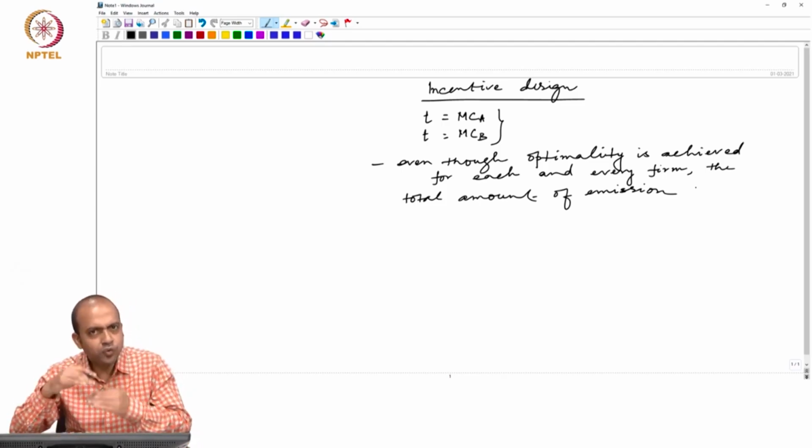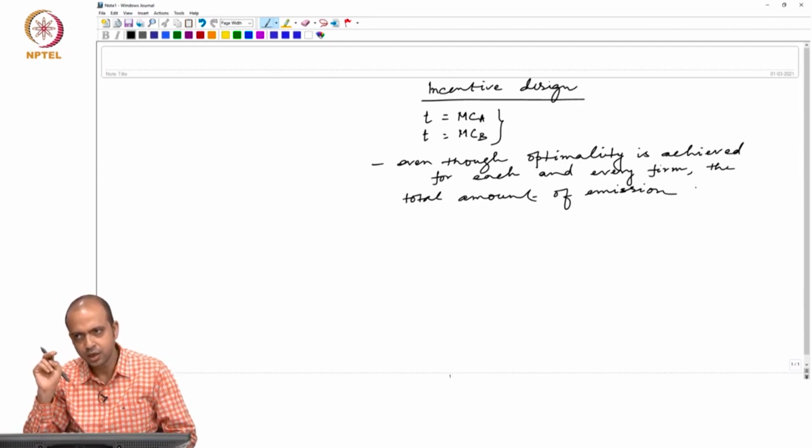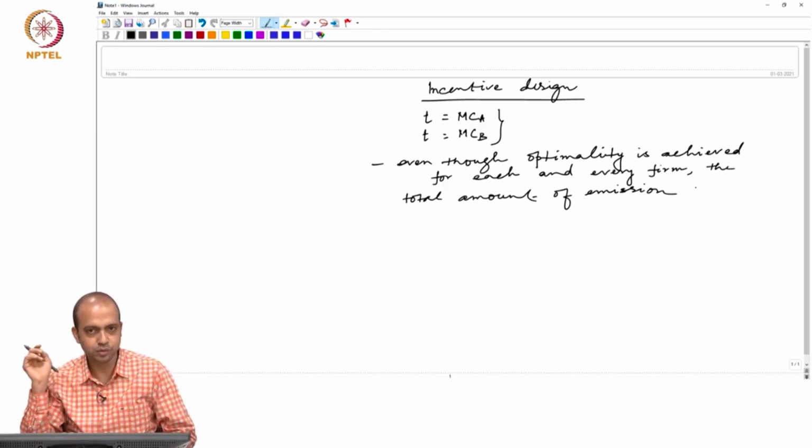Each firm is trying to equate its own marginal cost of abatement with the imposed tax rate to decide about its own pollution and pollution control, right.